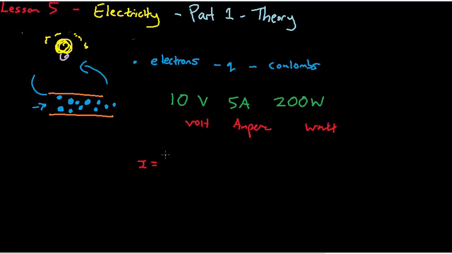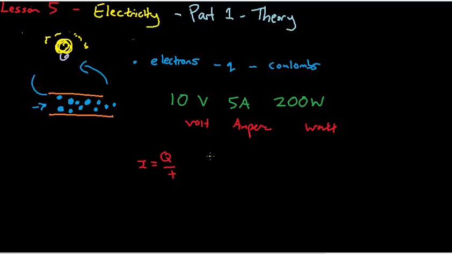Current is equal to the amount of charge per unit time. When you look at this definition, current is essentially the number of electrons, since the number of electrons is proportional to the charge, because we know we have a charge constant.